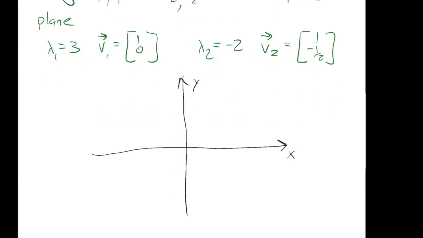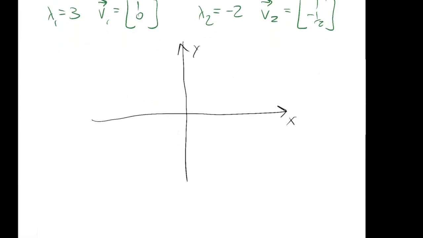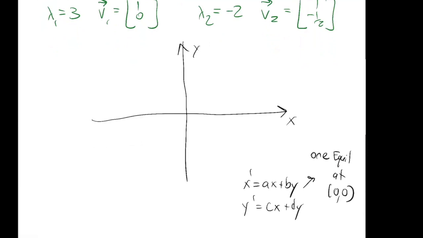And when we're dealing with these systems, all of these linear systems are going to have only one equilibrium at the origin, right? And you can see that (0, 0) is clearly an equilibrium solution if we plug it in, and there are no other solutions.